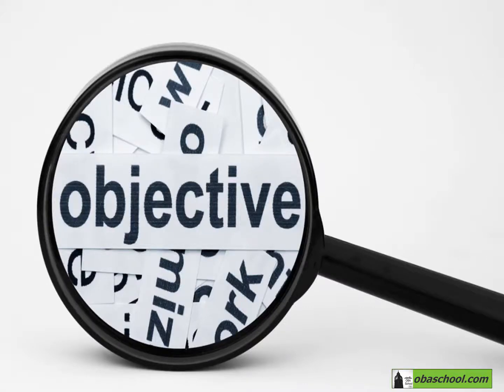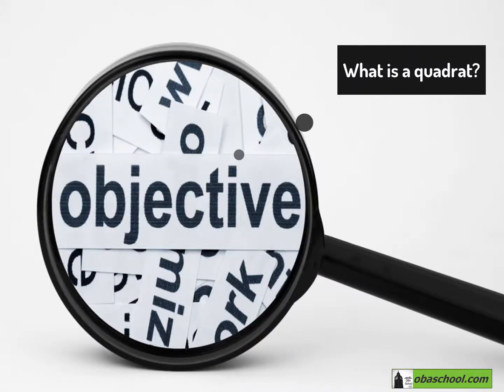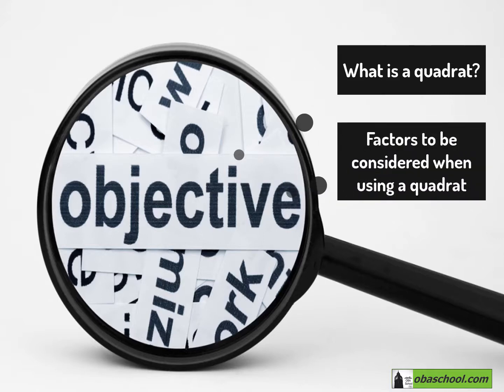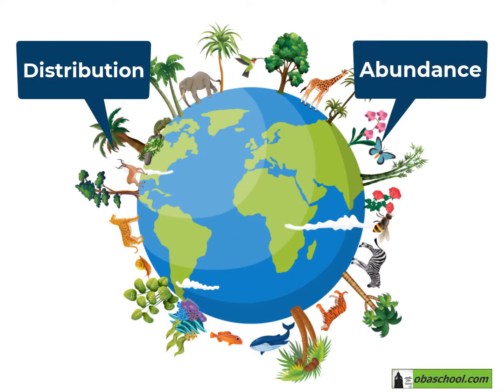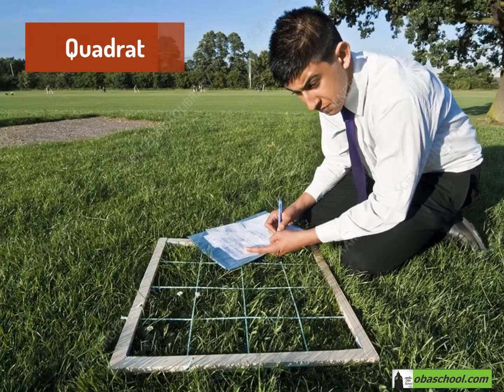In this tutorial, we are going to learn what is meant by a quadrat and the factors to be considered when using a quadrat. The distribution and abundance of a species in an area can be assessed using different practical methods, and the quadrat is one of these methods.